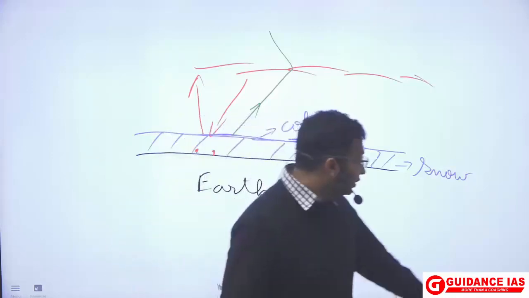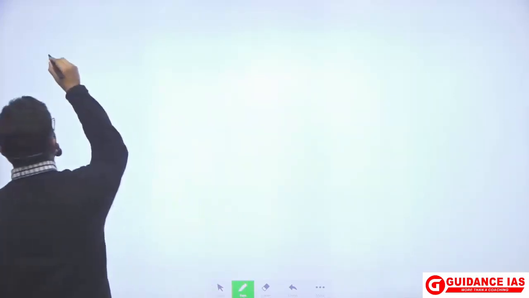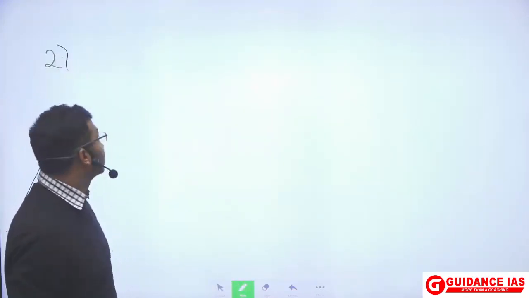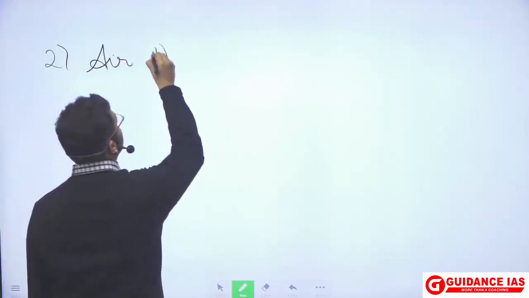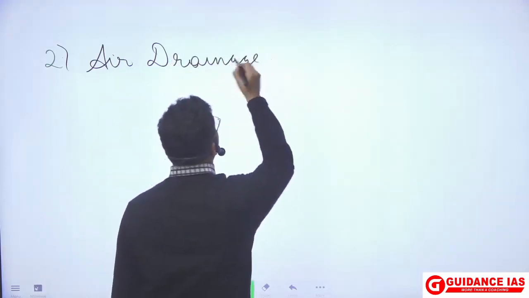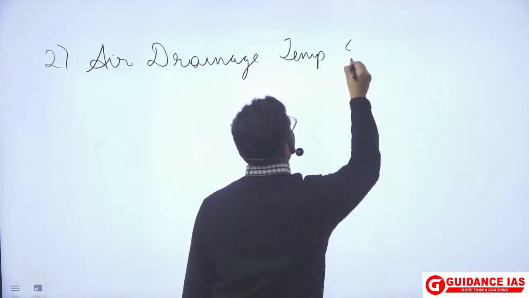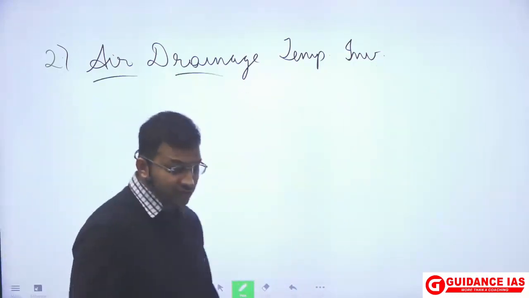Now let's move on to the second subtype of surface inversion. The second subtype of surface temperature inversion is the air drainage temperature inversion.